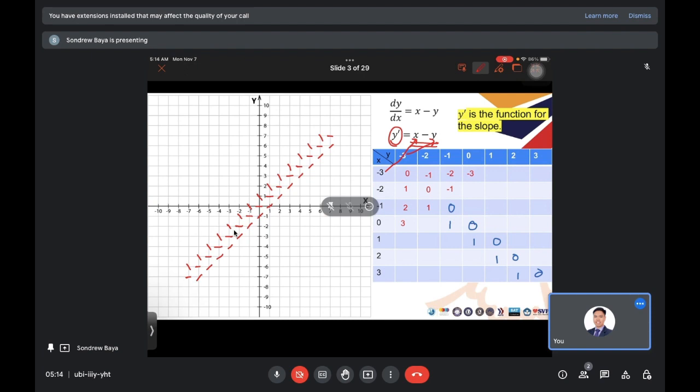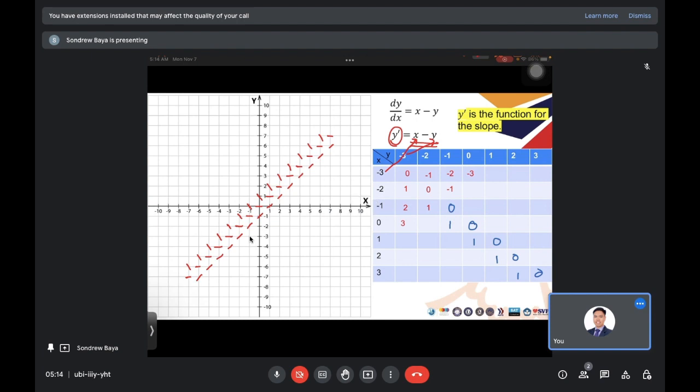From there alone, we could already find a pattern on how to sketch the slope field. So starting from, say for example, the first one with a positive 2 slope, which is negative 1, negative 3. Negative 1, negative 3 is this, right? So we can just draw a little steeper slope, and we could already continue that particular pattern and just estimate it. And so we can just simply estimate it more, meaning to the right, it should become steeper and steeper.